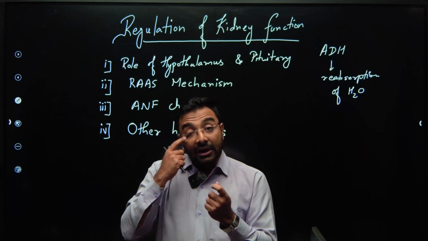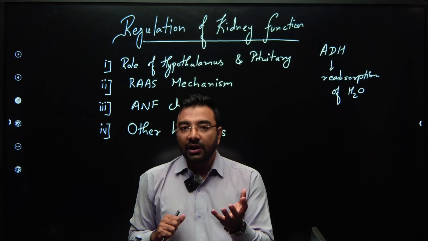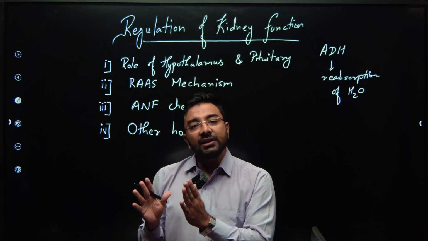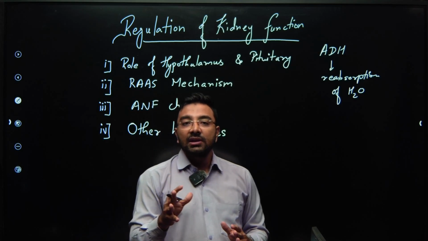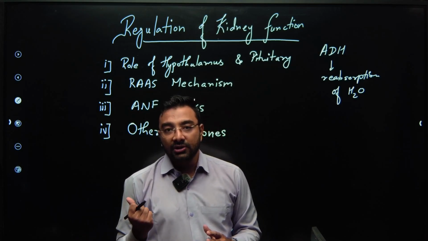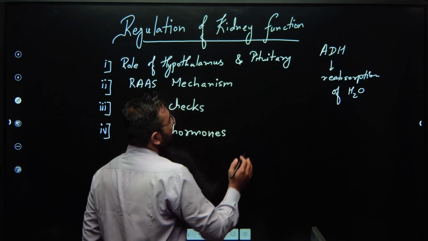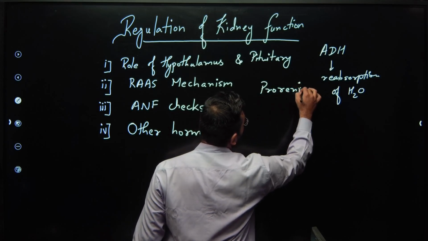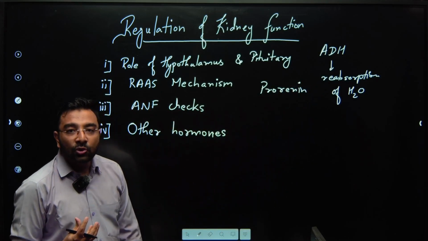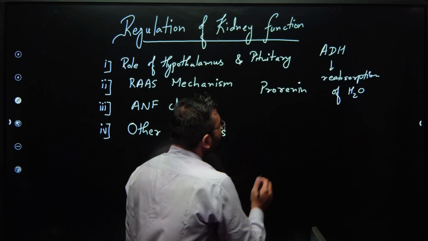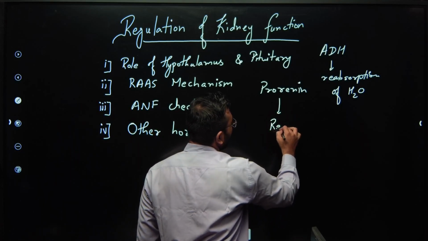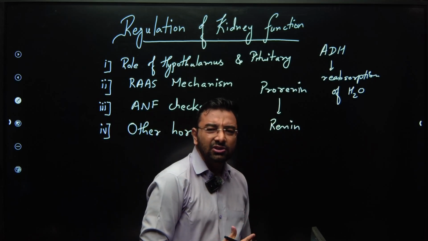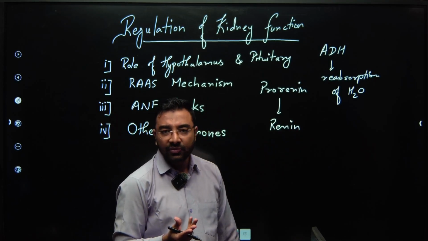They activate and send distress signals to the JG cells, or juxtaglomerular cells. These cells have prorenin formed inside their cytoplasm. This prorenin is converted to renin by an enzyme called proconvertase 1.